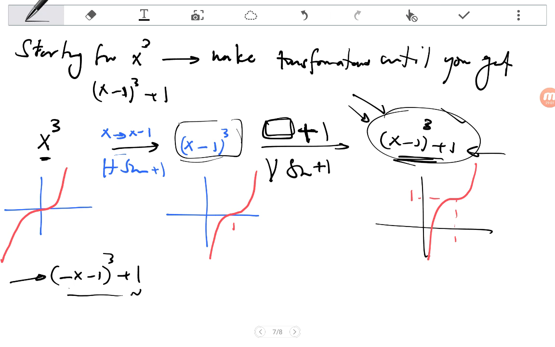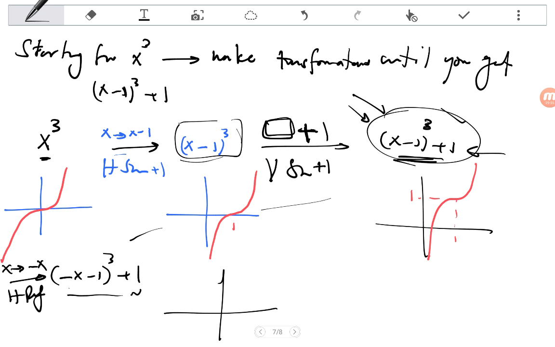Can you see a transformation from this one to this one? By reflection, yes, it is obvious here. What happened from this case to this? I just replace every x with negative x, so this will be a horizontal reflection. What would the graph be?